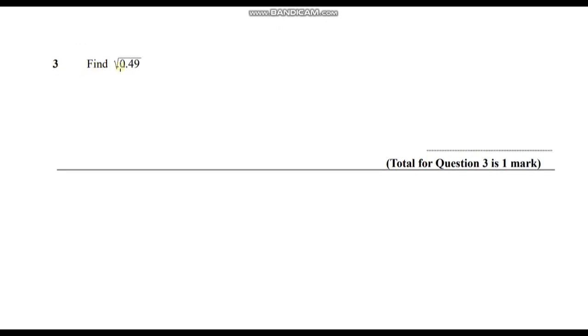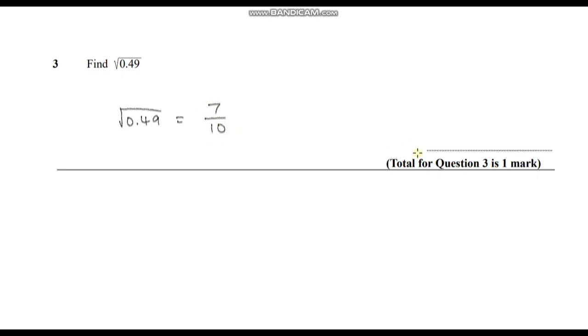Question 3, find the square root of 0.49. Well, we can just pop that into a calculator. We could do this without a calculator, but as we've got a calculator and we're allowed to use one, let's just put it into a calculator. So we're going to type in the square root button and then 0.49, press equals. Now on your calculator, it comes up as a fraction. So you could write 7/10.